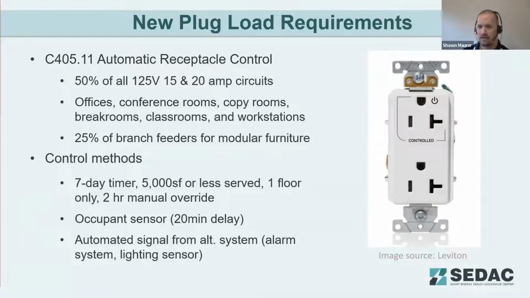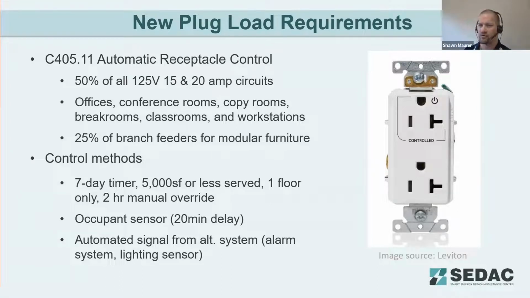Again, bringing the IECC more in line with ASHRAE 90.1, there are now new plug load requirements. So they have automatic receptacle controls and details on the control methods for those. Certain exceptions are allowed in the 2021 IECC for plug load controls. So receptacles for 24/7 mandatory equipment, spaces where automatic control creates a hazard, in individual cubicle spaces, and spacing of controlled outlets.